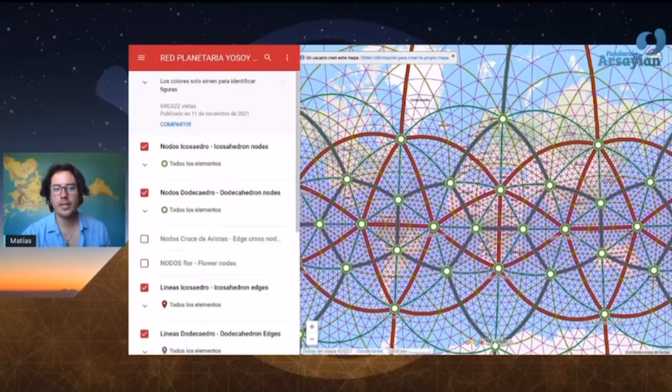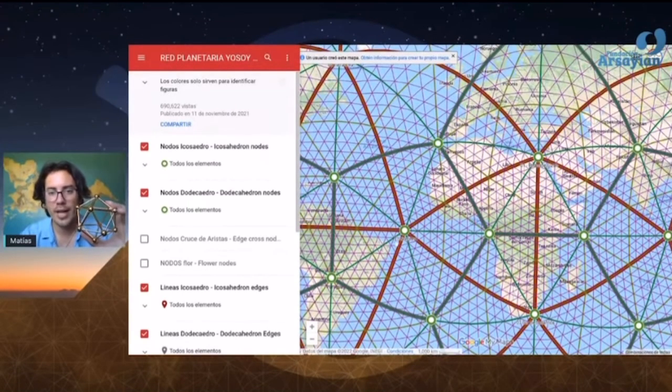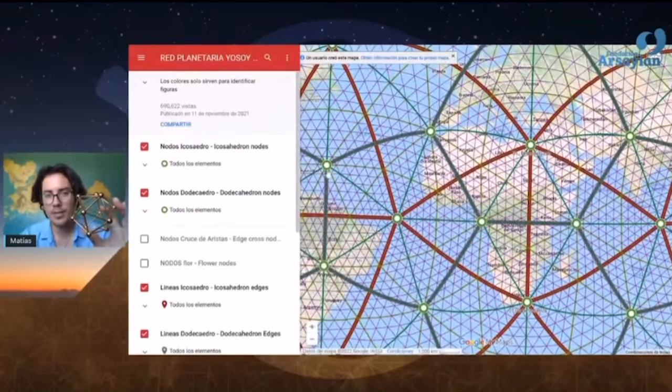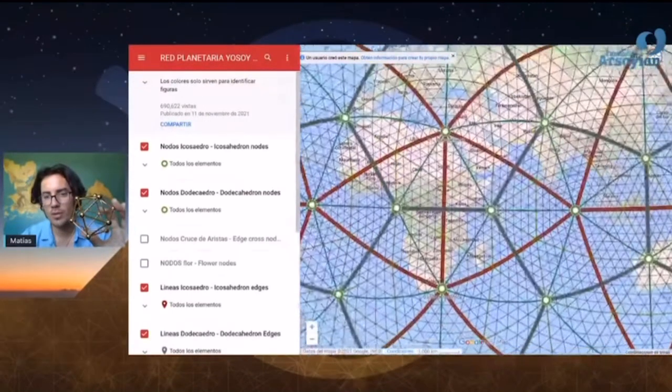So this is the planetary network according to the geomagnetical North Pole right now. The red lines are the icosahedron network, so those are the dots of the icosahedron, as you see the triangles in red. Then you can see in green the pentagons around the world.